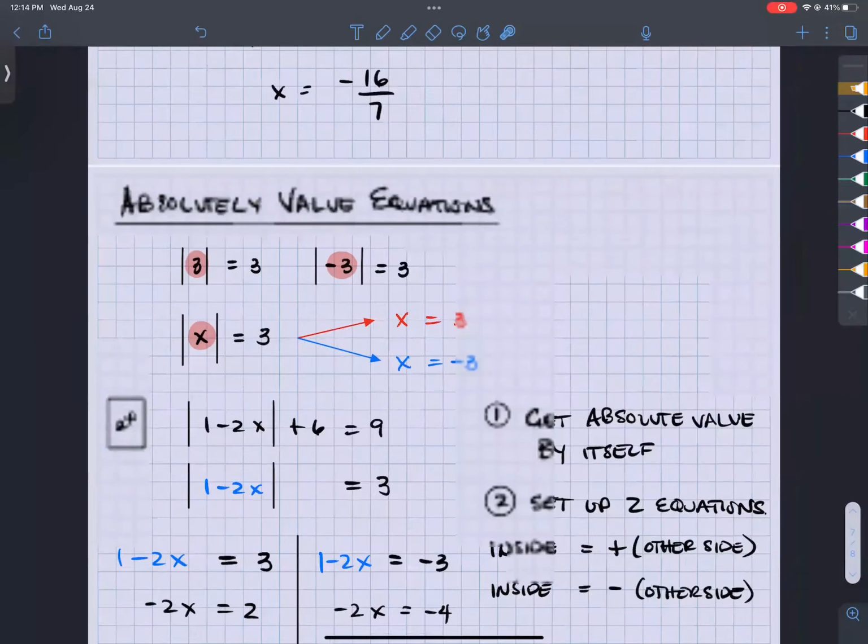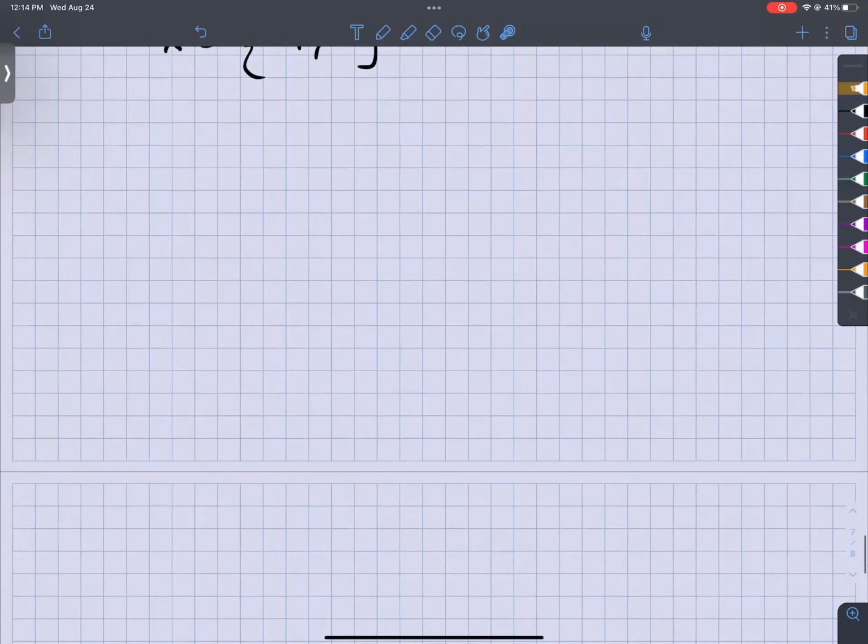Now, can I have this? Can that happen? No. Because when I take the absolute value of something, it's going to be a positive number, because it's just a distance, right? Since distance can't be negative, right?